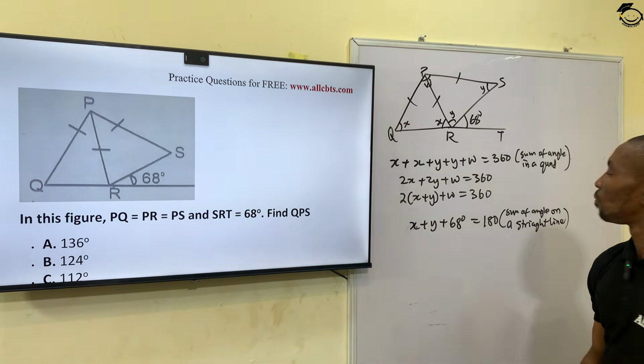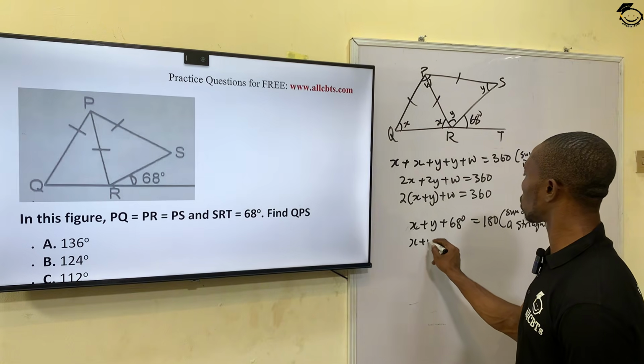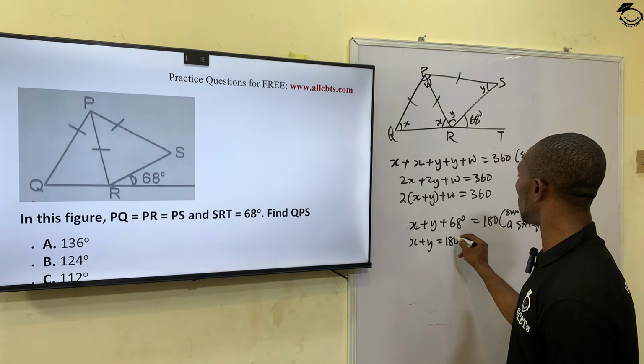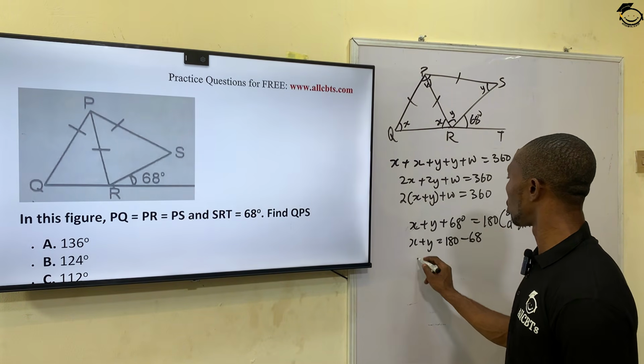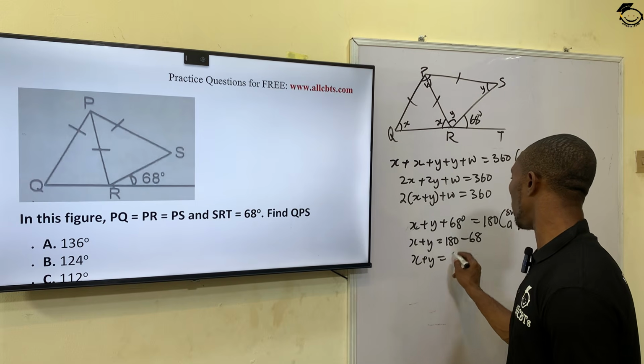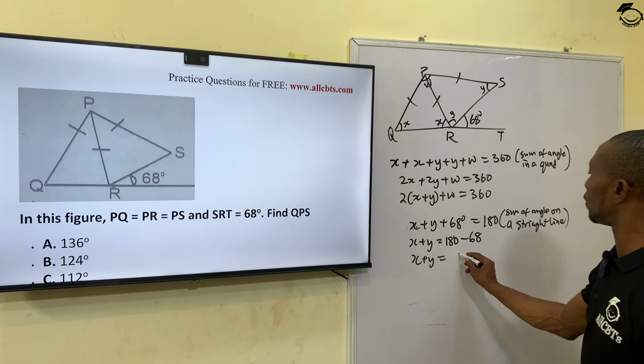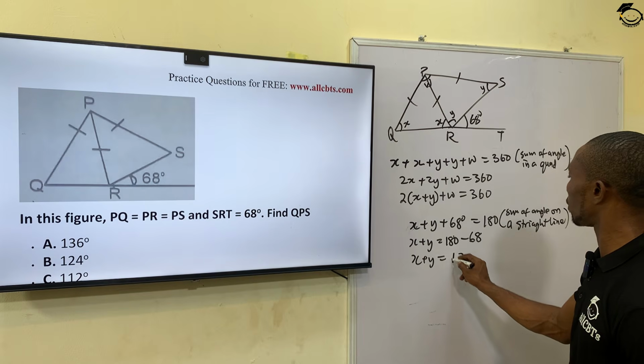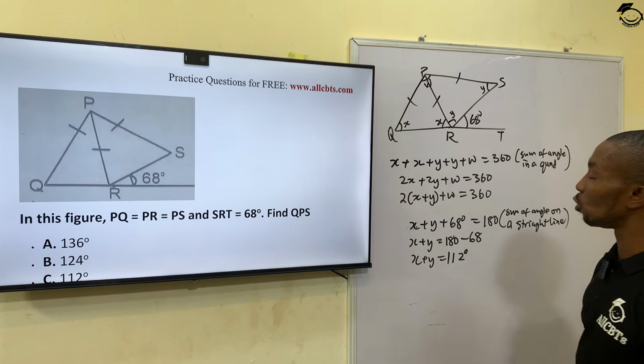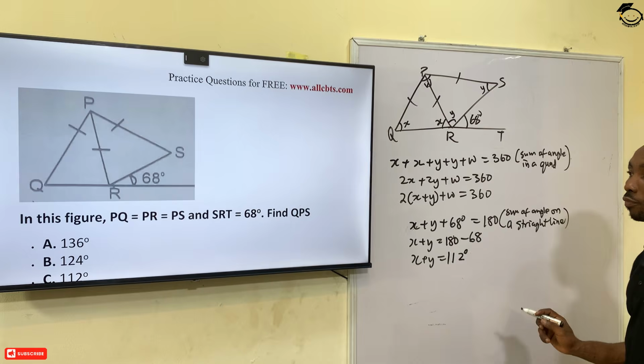So our x plus y would be 180 minus 68. 10 minus 8 will give us 2, 7 minus 6 will give us 1. So our x plus y will be 112 degrees.